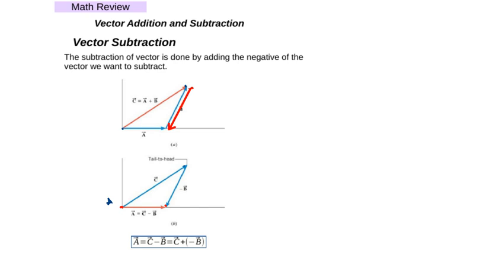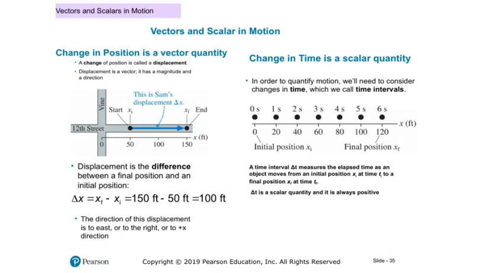Opposite direction. I carry minus B there. Simply then still do head to tail. Simply beginning of C to end of minus B is C minus B. My vector A is equal to C minus B. The same goes for the components method. We'll look at the components method in class.